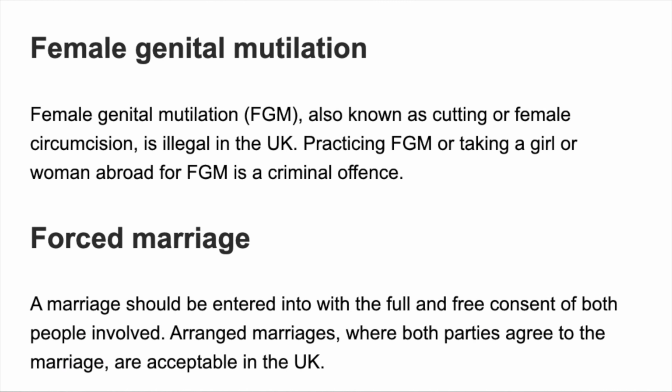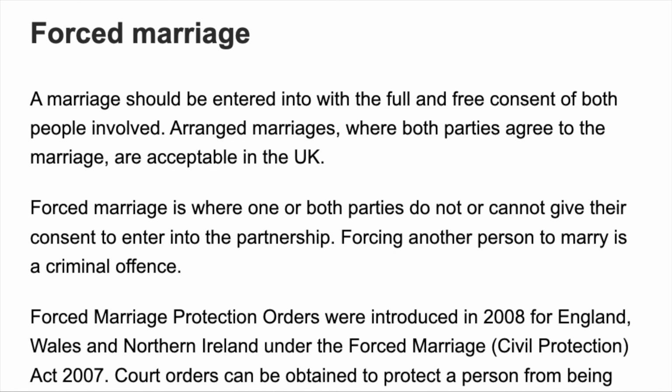Female genital mutilation. Female genital mutilation, FGM, also known as cutting or female circumcision, is illegal in the UK. Practicing FGM or taking a girl or woman abroad for FGM is a criminal offense. Forced marriage.